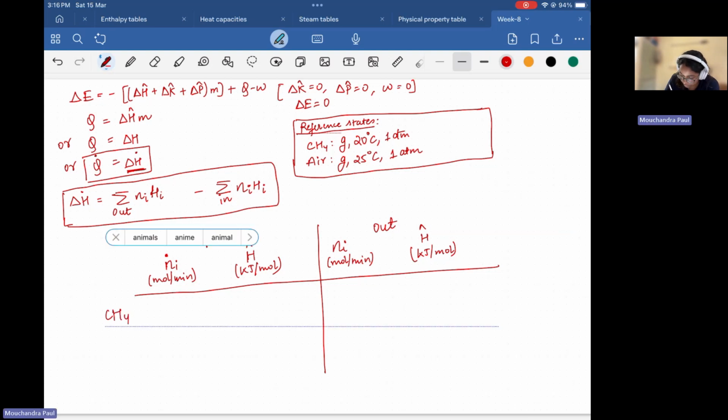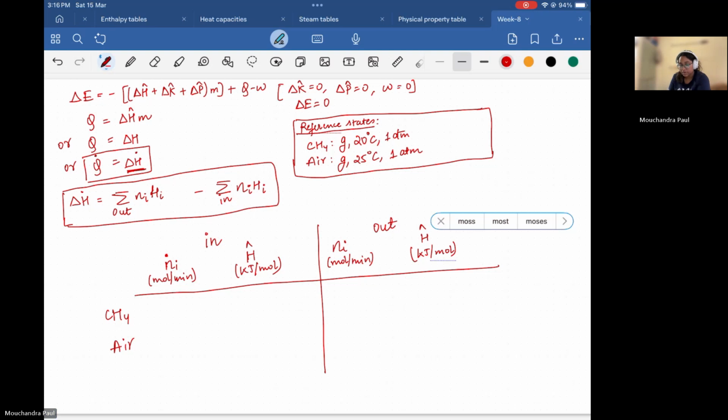We have CH4 and air as species. At a temperature of 20 degrees Celsius, which is the reference state for methane, the enthalpy in will be 0. And the enthalpy out for methane is unknown, so let's assume it as H hat 1.